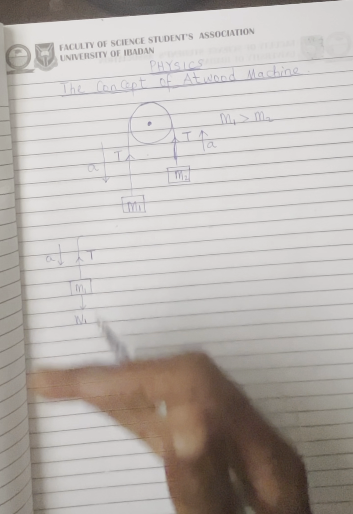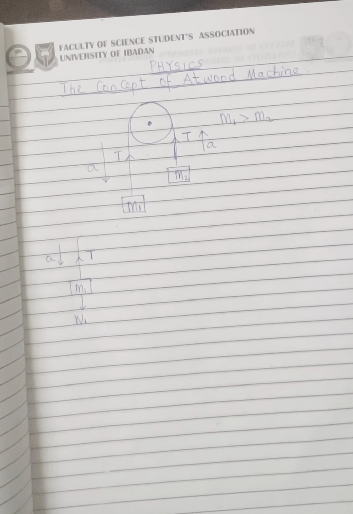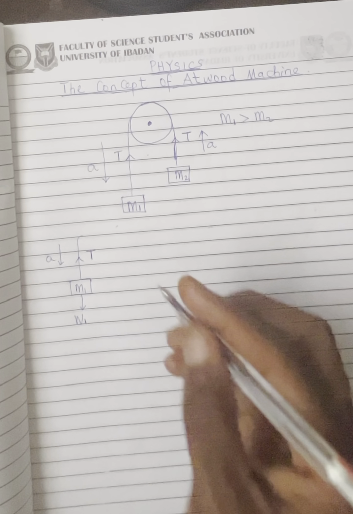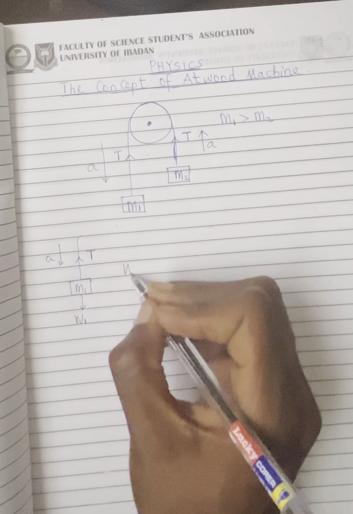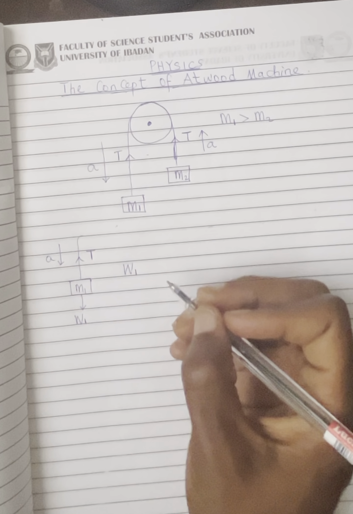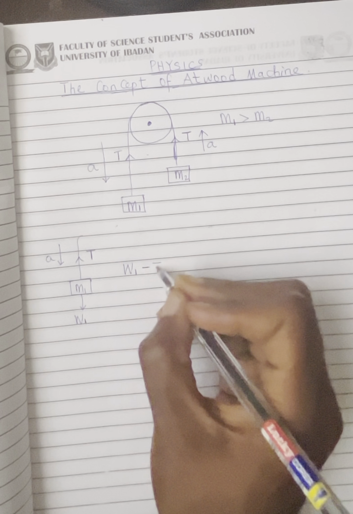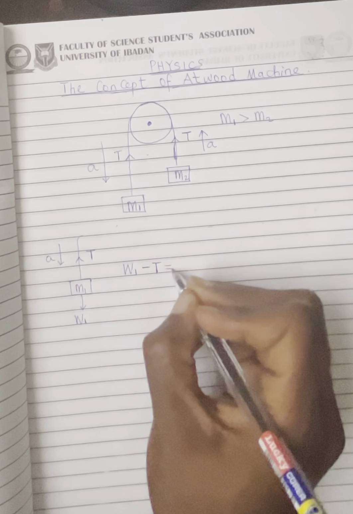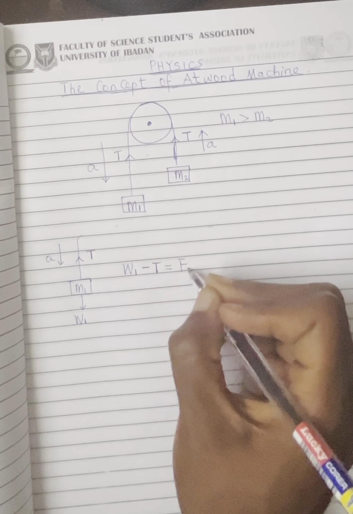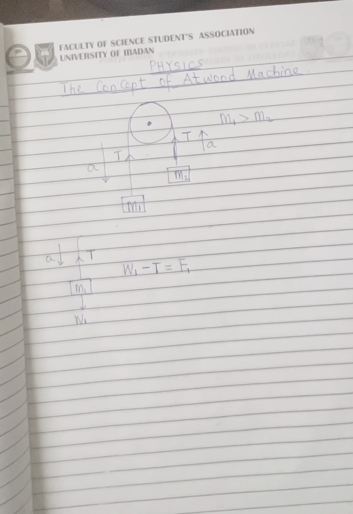And for the body to accelerate downward, it means the weight that is acting downward minus the tension is equal to the accelerating force of the body.